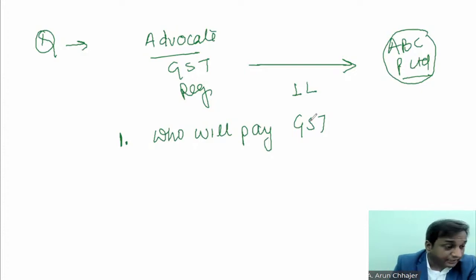What is subsection 3? Coming to this point. Naveen Chandra, coming after this question, I will talk about multiple points on 31 subsection 3, but answer this question first. Who will pay this tax? Answer is ABC Private Limited.